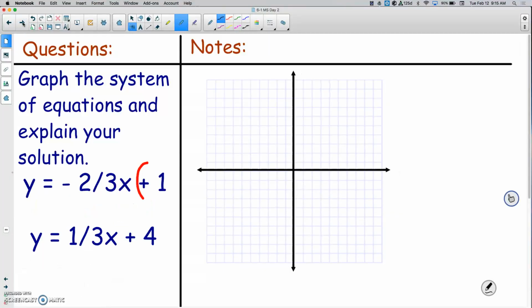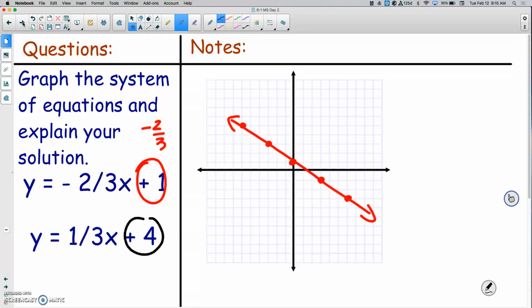All right. Next one, start at 1. Slope -2/3. So down 2 over 3. And the second one starts at +4. And it goes up 1 over 3. And I need to reverse it to see where they cross this time.